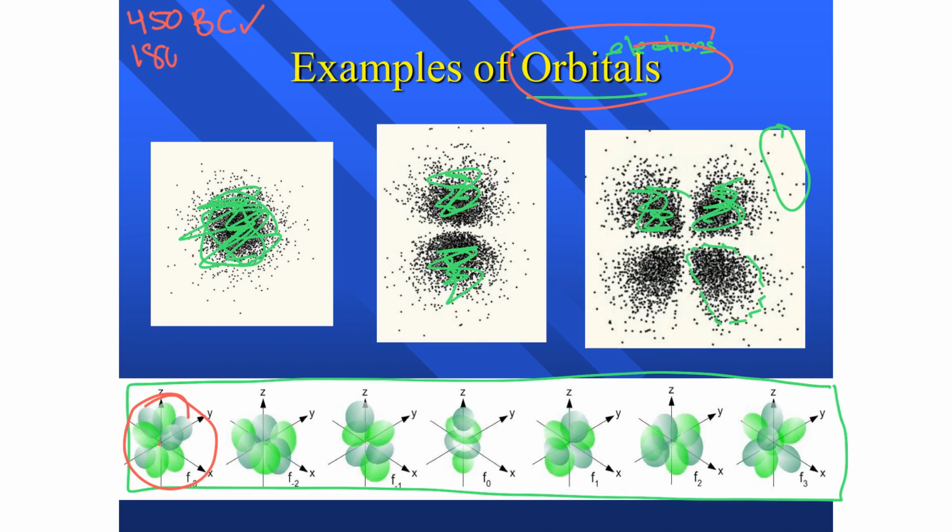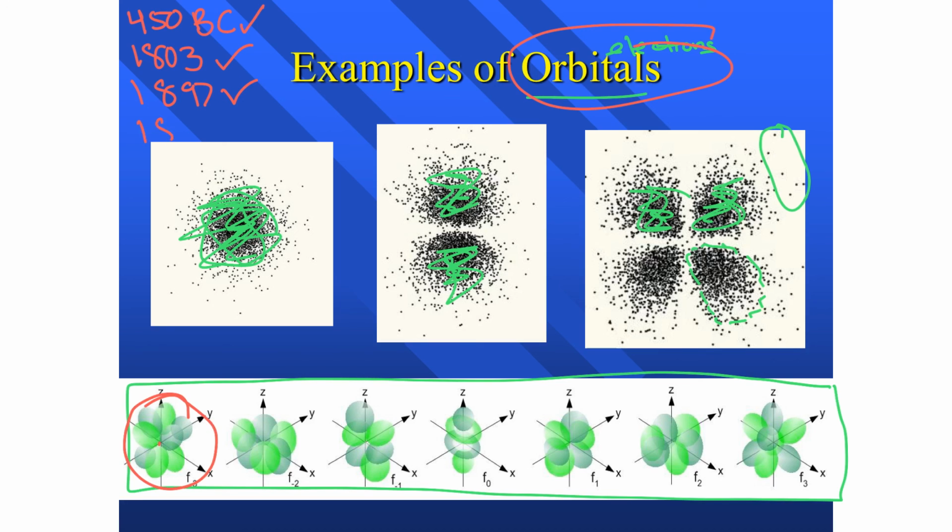In 1803, Dalton came up with the idea that atoms were actually structures, and different atoms make up different elements. Then J.J. Thomson discovered the electron in 1897.